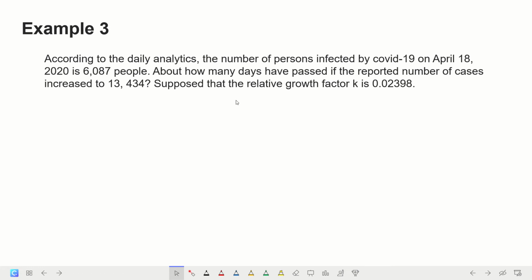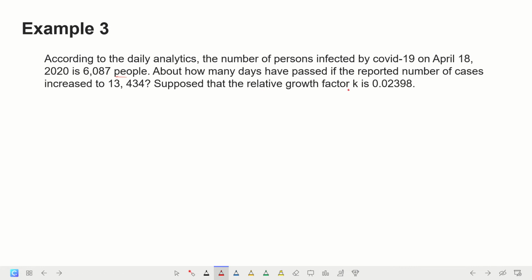Suppose that the relative growth rate factor is 0.02398. This is our daily growth rate factor. Again, let us write down the formula for the increase. Since we said here that from 6,087 it became 13,000, and since this is an increase and we're counting the number of people, we are talking about the population of infected.